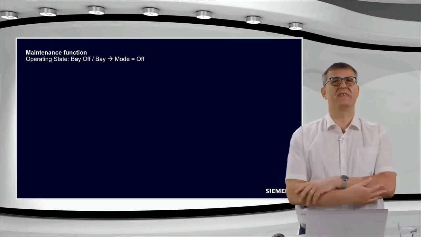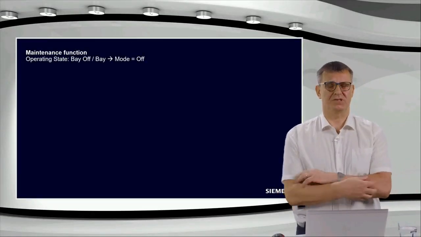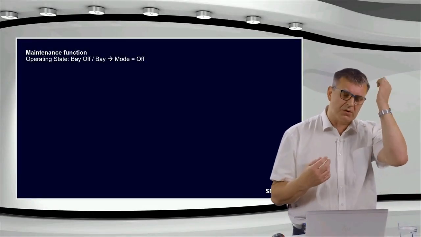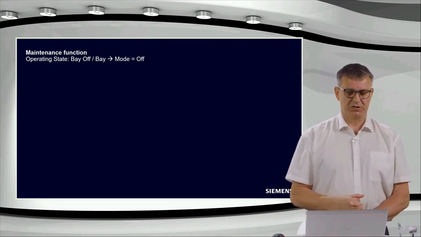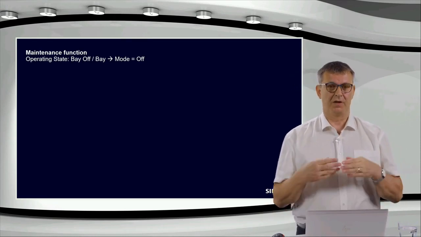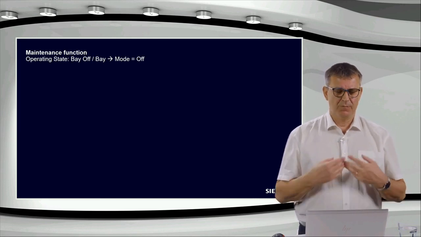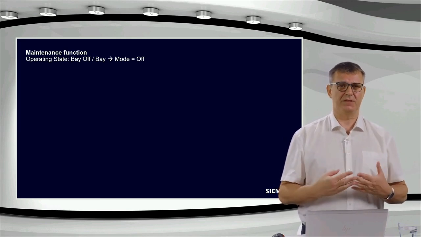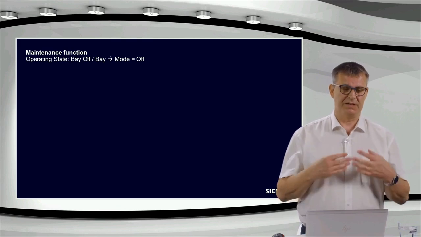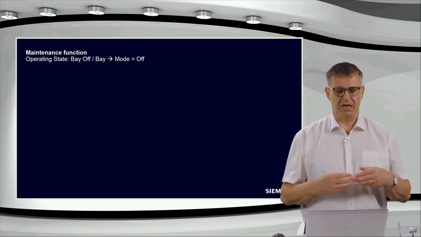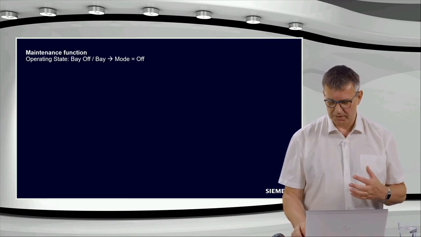Bay out of service. We also have, not since the very beginning, I guess since V8.80 or so, this functionality bay off, where you bring the mandatory mode of each element in SIPROTEC 5, and here it's the mode of the bay, into the mode off.